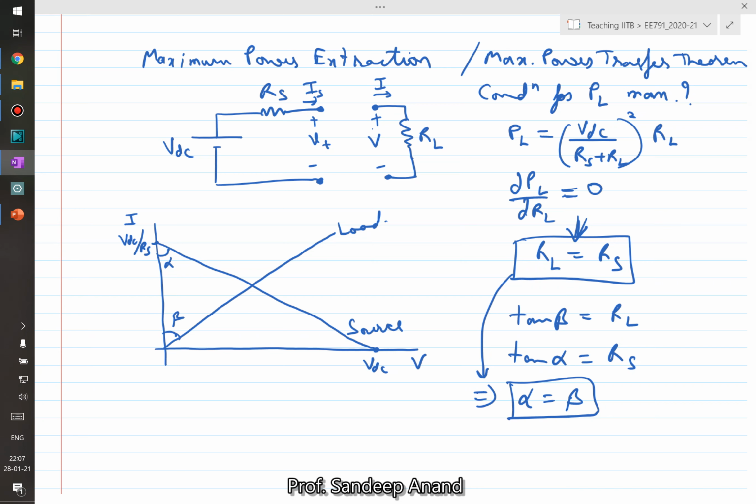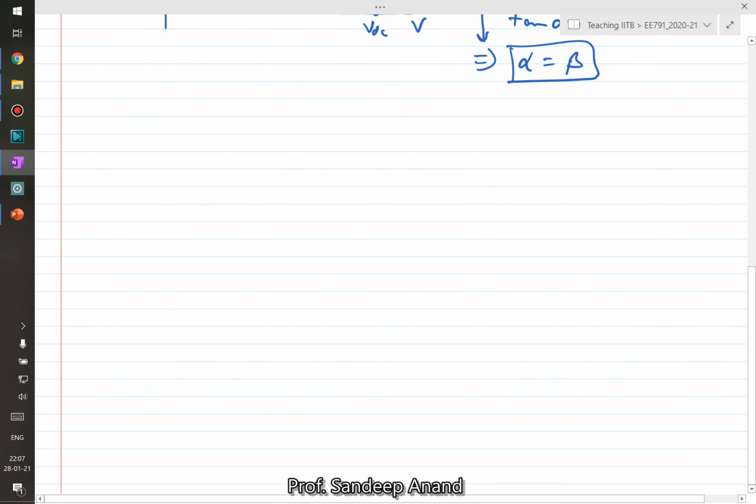The source may not be a linear source. So if you take a generic example, you may have a non-linear curve, which is something like this.